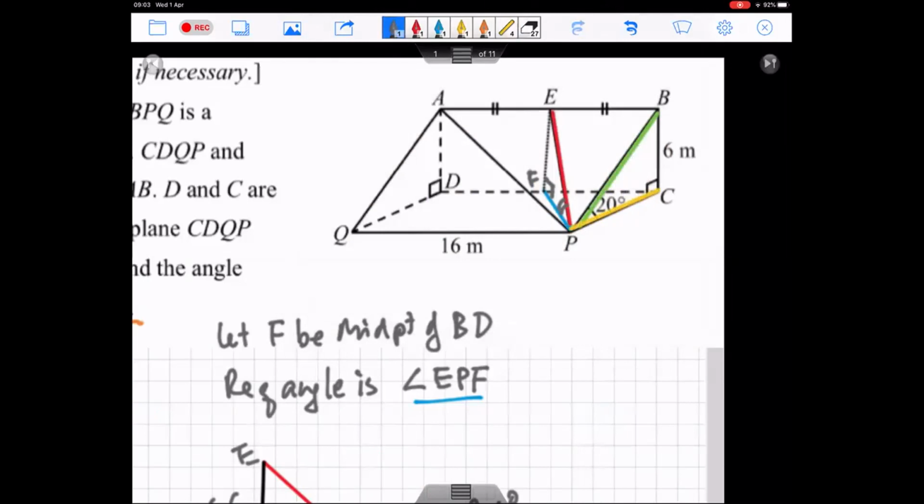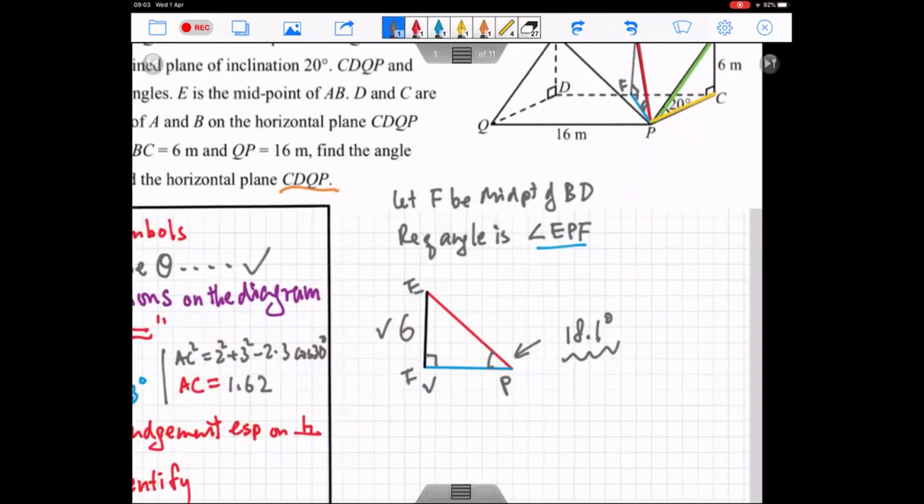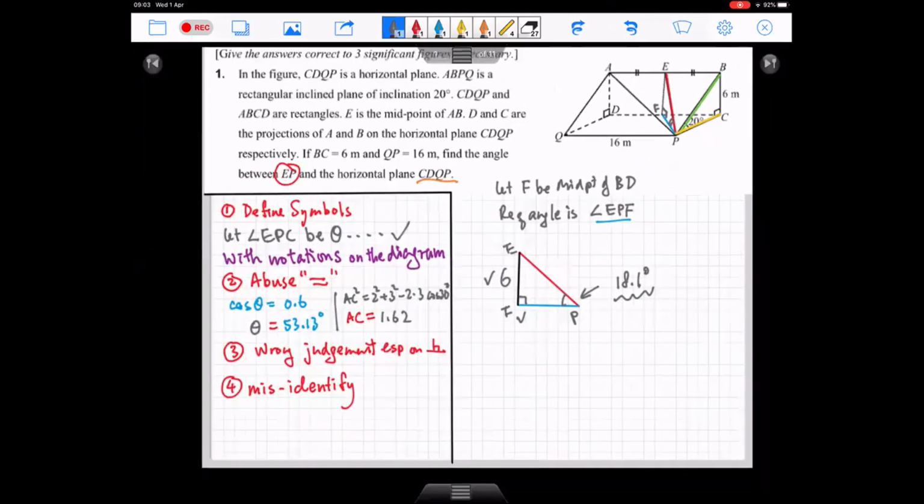Notice that there is also a right angle in FCP. So in the triangle here, you can find out the yellow line using 6 meters and 20 degrees. With the yellow line, you can find the blue line. So with either the red or the blue, you can find this answer. Since most of us got it correct, I'll talk about it briefly. So that is the first question. Okay, let's move on to the next one.